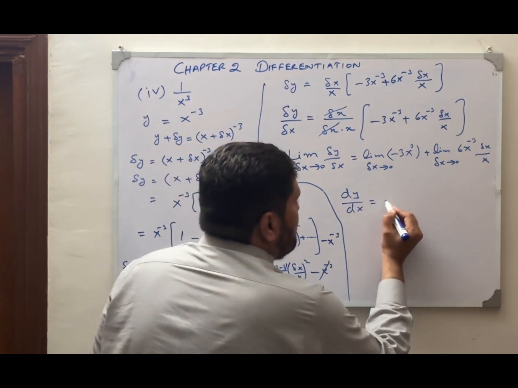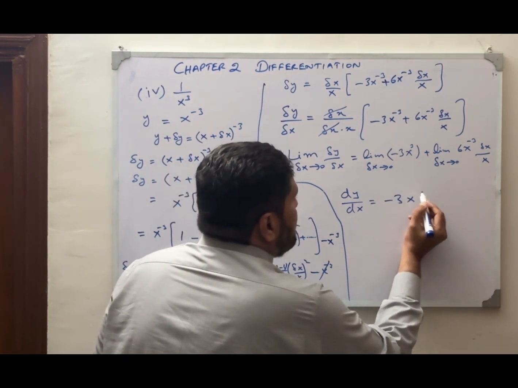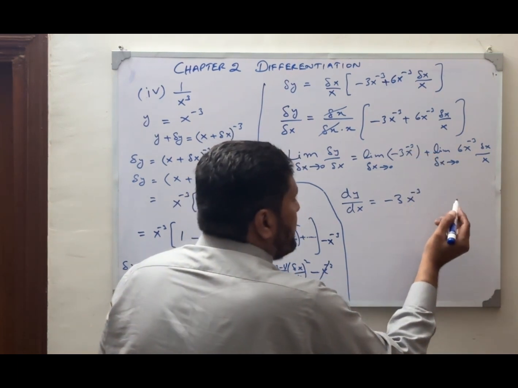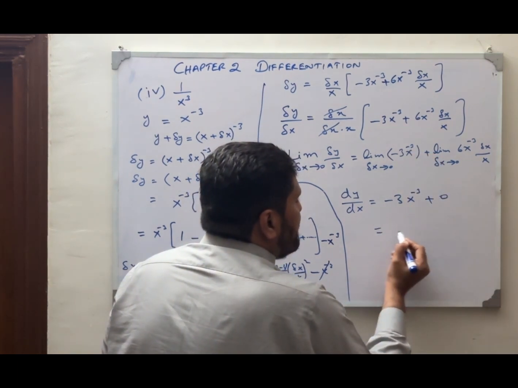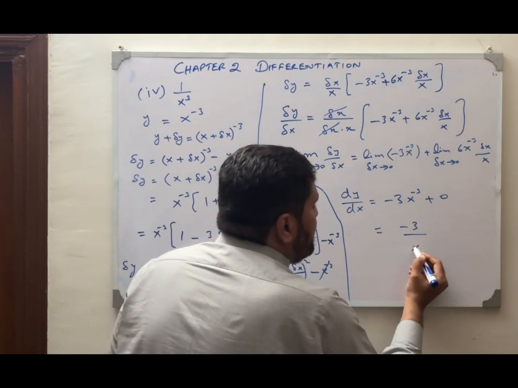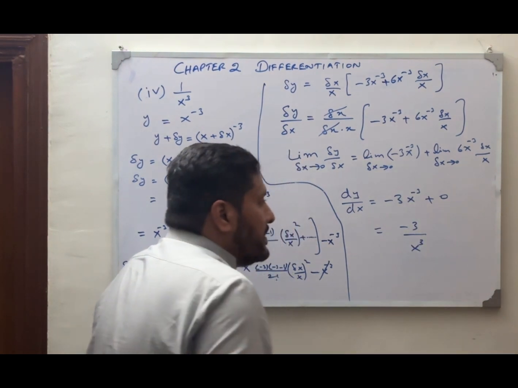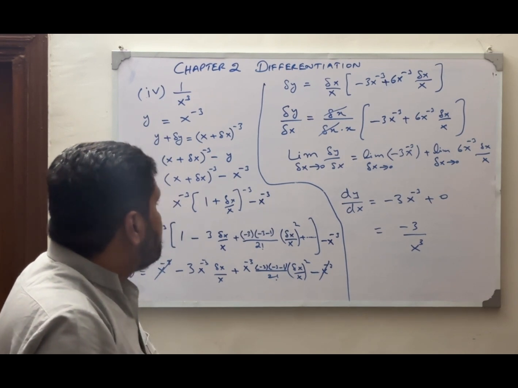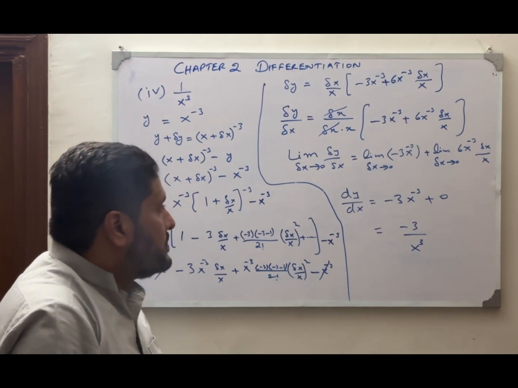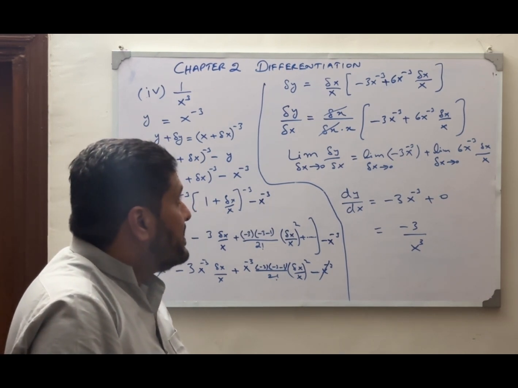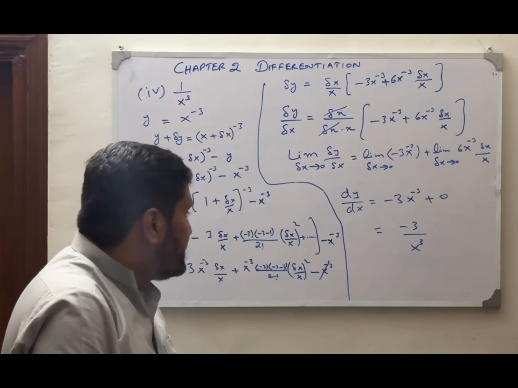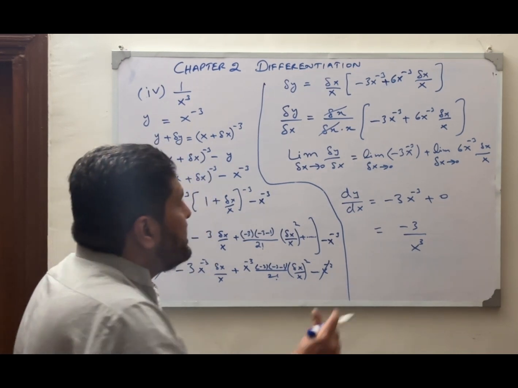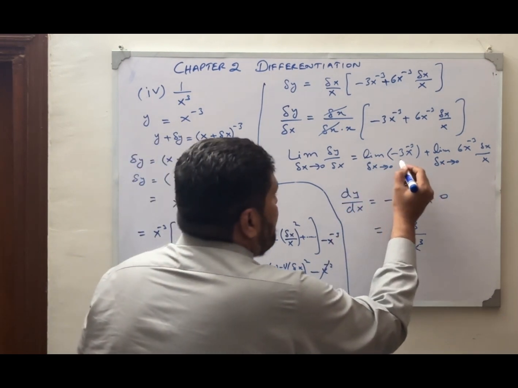This is equal to minus 3x power minus 3 plus 0, or we can write it as minus 3 over x power 3. So that will be the result of this. Sorry, we have one remaining term x over here as well.